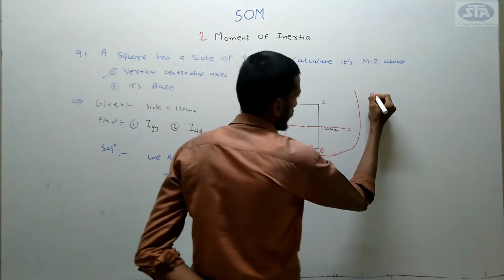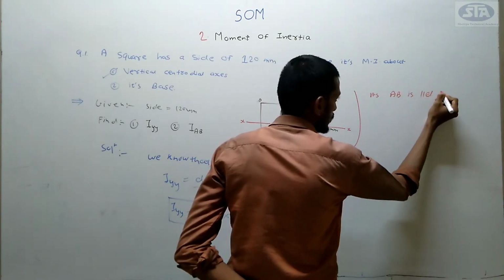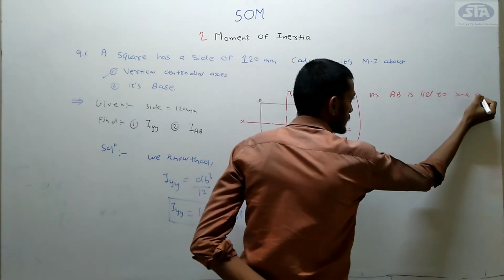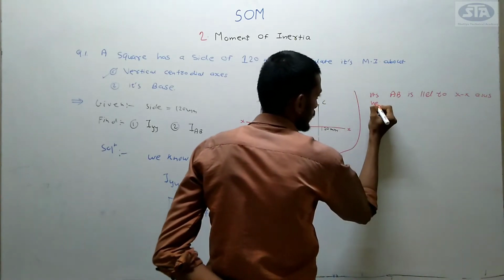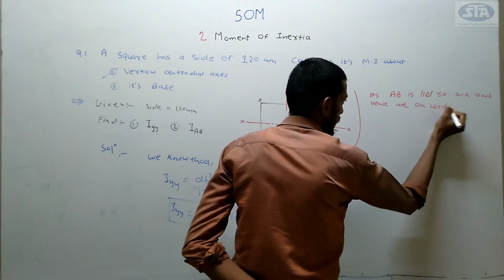As AB is parallel to the x axis, hence we can use the parallel axis theorem.